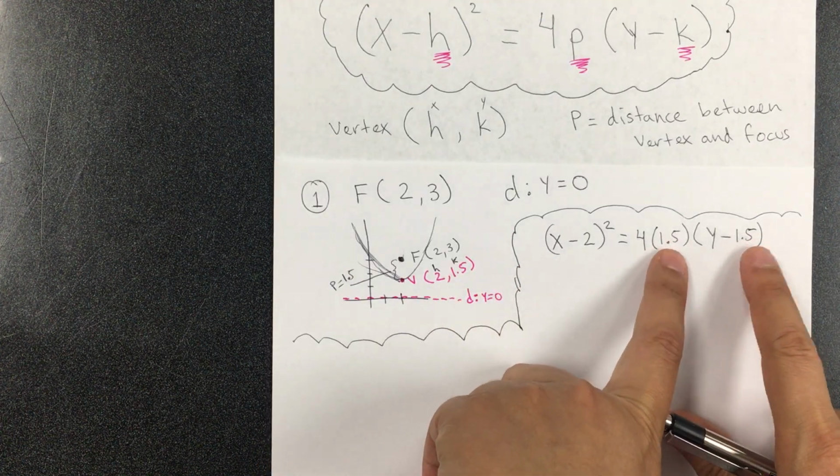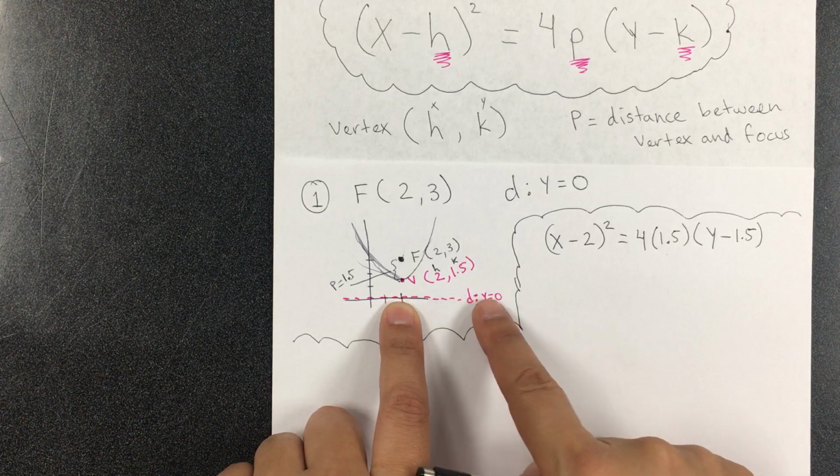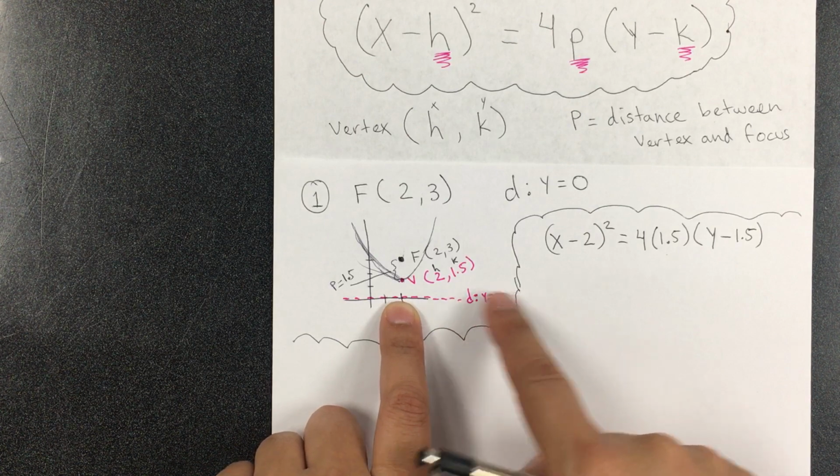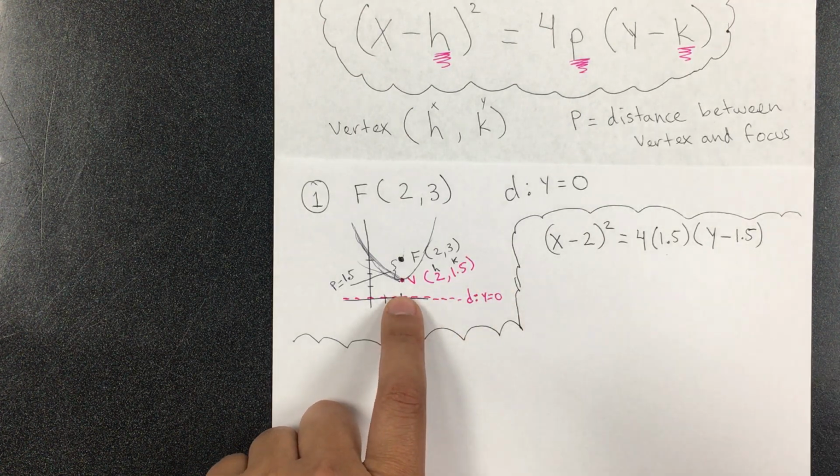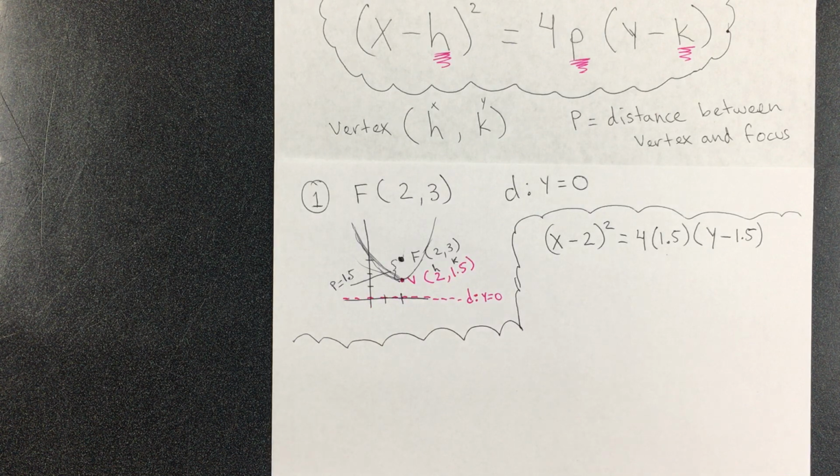This is just coincidence, okay? And it's because the directrix is at y equals 0. Otherwise, you'll see in the next example that it's not exactly the same every single time.